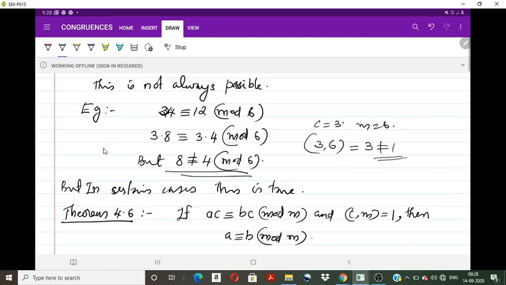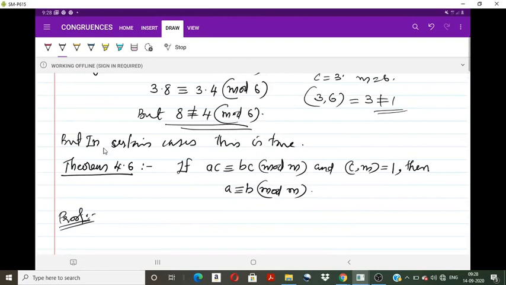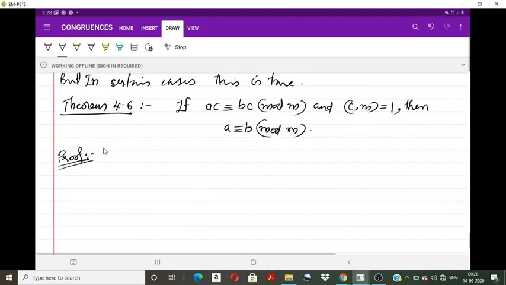That means 3 and 6 are not relatively prime. So we cannot apply theorem 4.6 in this relation. So 8 is not congruent to 4 modulo 6.